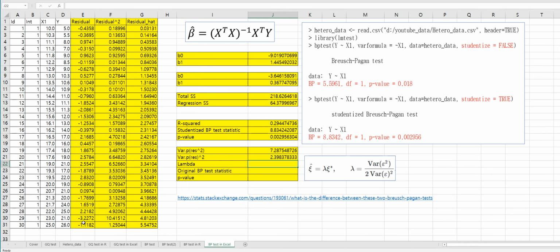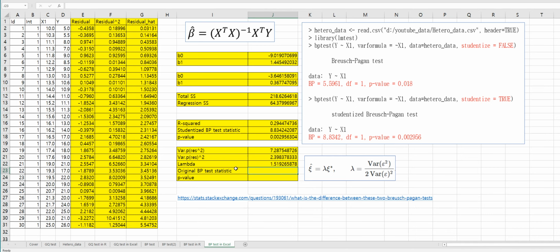Right. Then lambda can be calculated by variance of squared residual over 2 times variance of residual, squared. Okay.